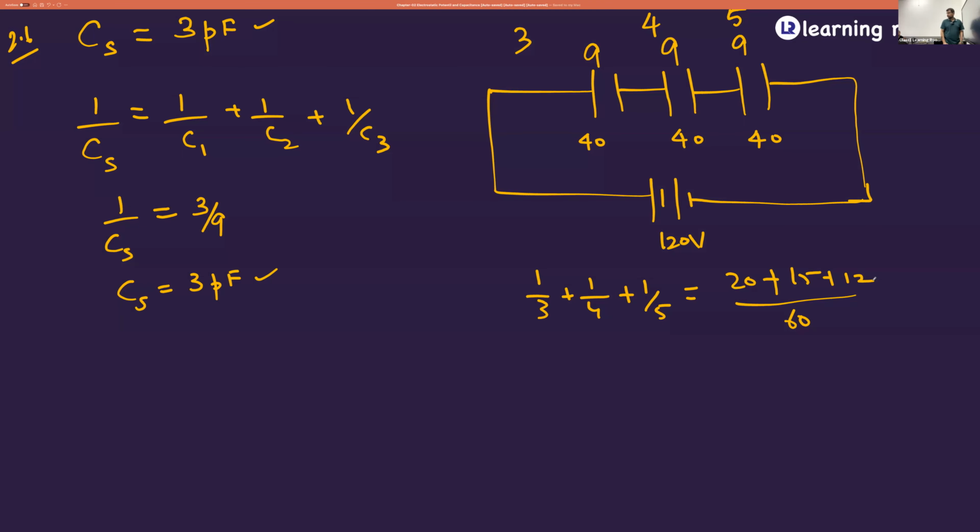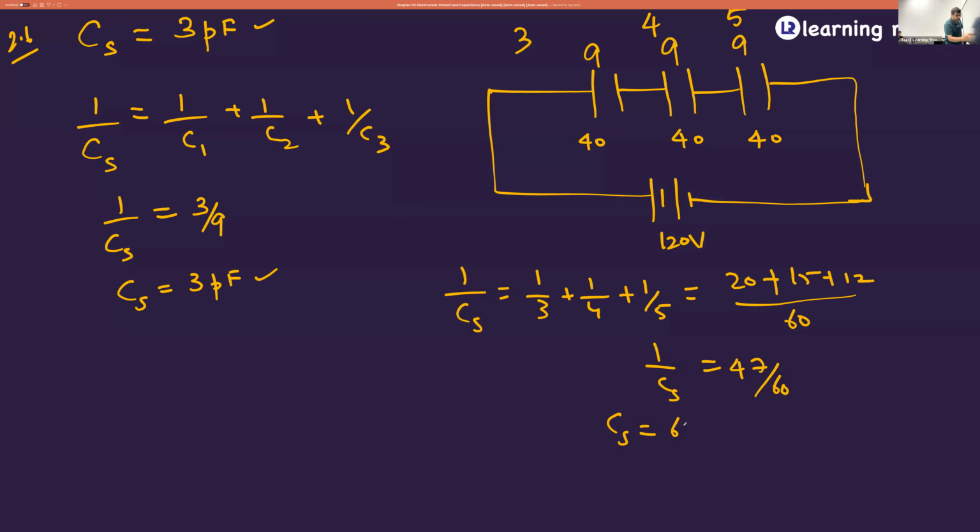How much is it? 32 plus 15. So it is going to be 47 divided by 60. Okay. So this is the value of 1 by CS. What is going to be the value of CS then? So 60 divided by 47. So this is the equivalent capacitance.